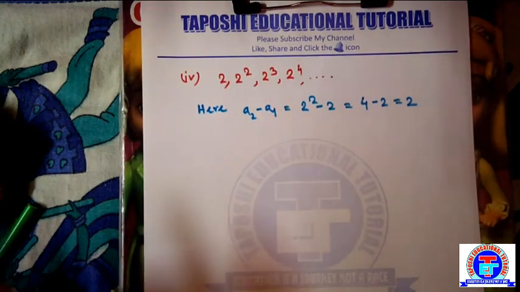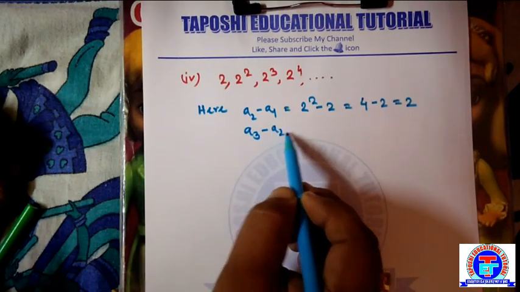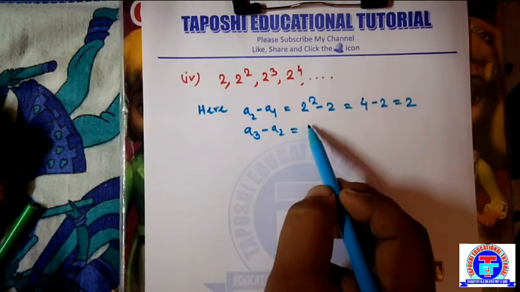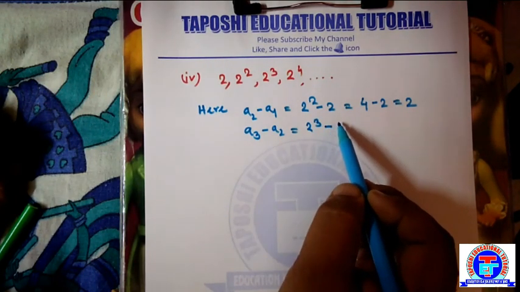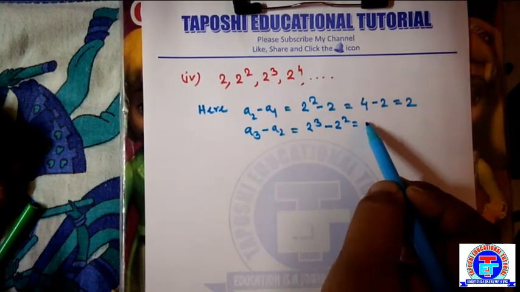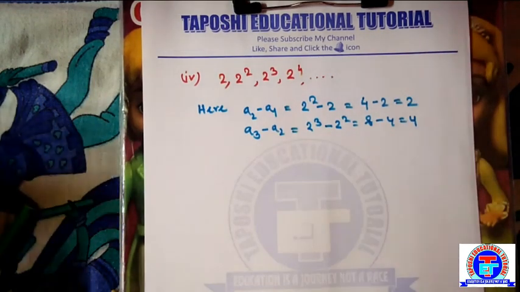Right, student? A3 minus A2 is equal to 2 to the power 3 minus 2 to the power 2 is equal to 8 minus 4 is equal to 4.